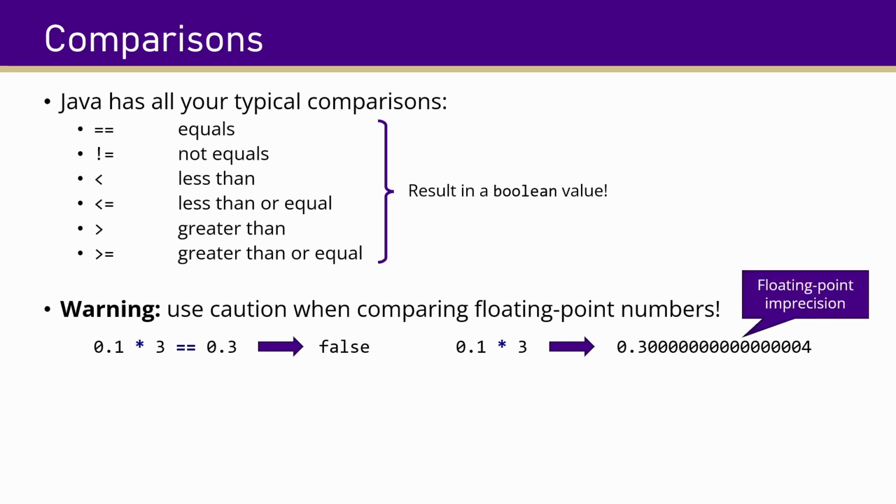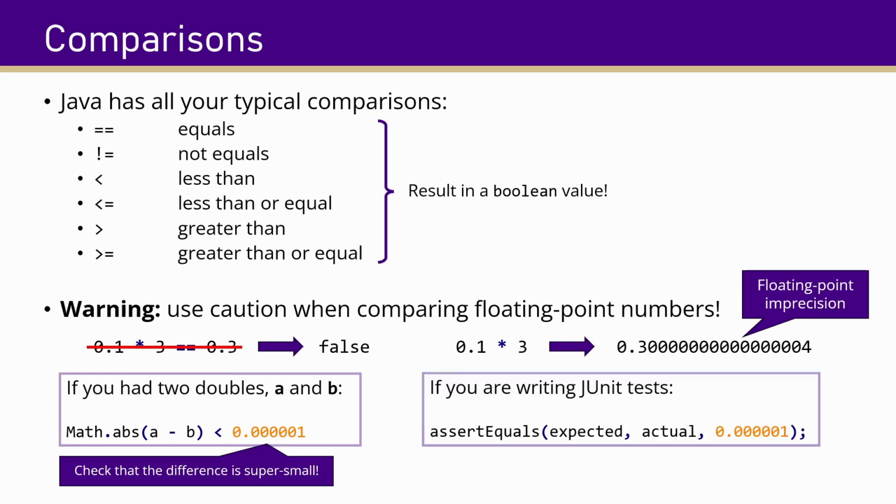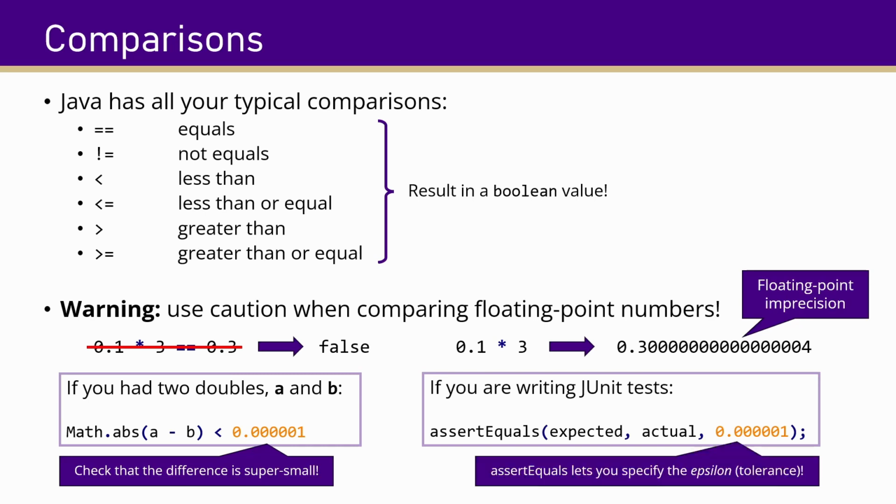So if you wanted to compare the equality of two doubles, you'd have to do something like this. Basically, you have to see if the difference between the two numbers is sufficiently small within some allowed error. If you're writing JUnit tests and you use assertEquals, you should provide a third argument, which specifies this tolerance. Tricky, right? But you've got to remember this so that you don't introduce bugs in your code.